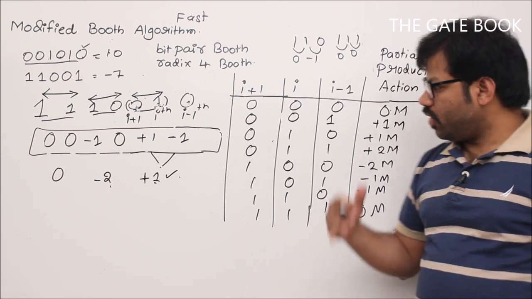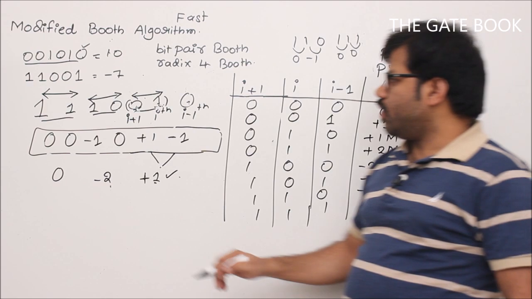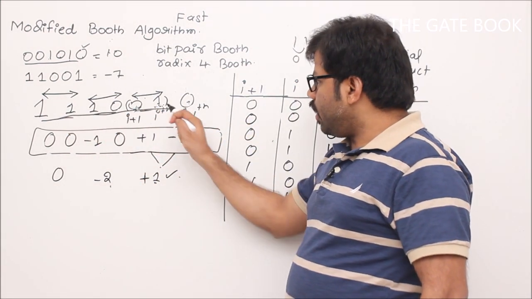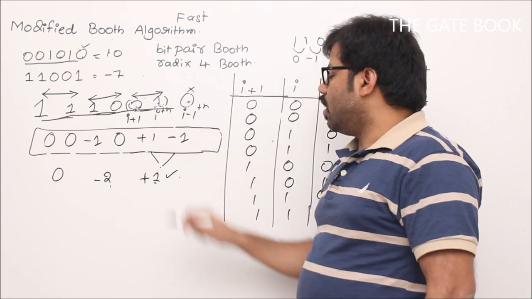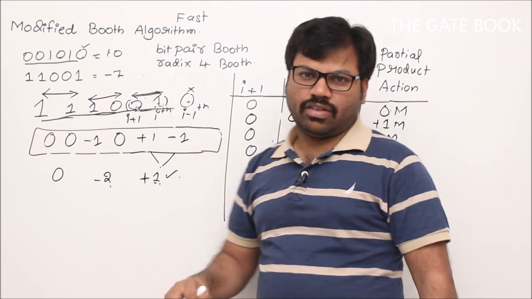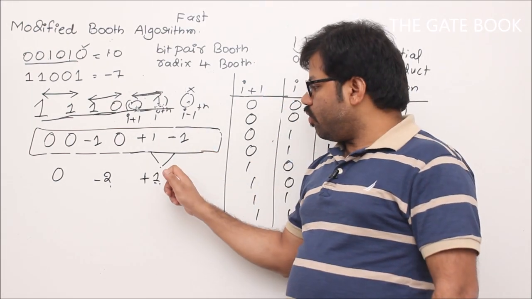Now what I want to tell you: sir, why are you doing this? What is the advantage? When this multiplier is given, we observe 2 bits at a time and take only one decision, that is plus 1 into m. That means we are doing only one addition.